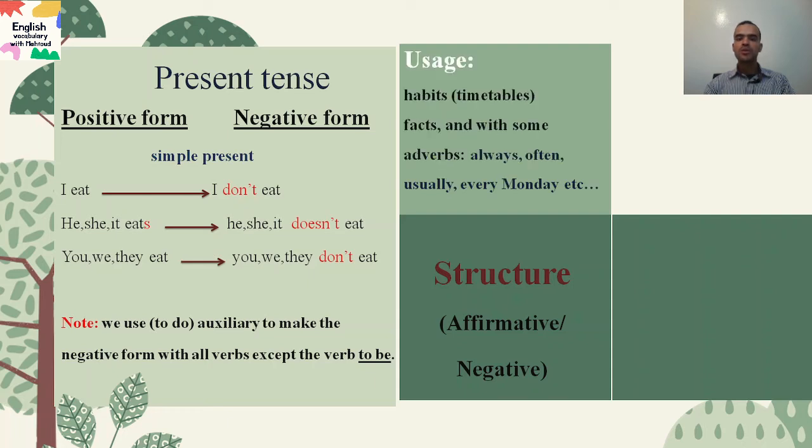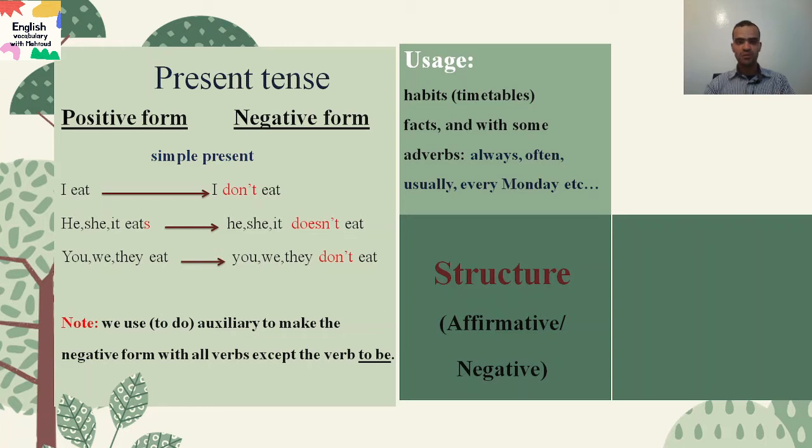Now let's talk about the usage. We use the present simple with habits, timetables, and facts, and with some adverbs like always, often, usually, every Monday, etc. Habits are things that we do regularly, every day. And facts are general truths that people know about and people agree upon.